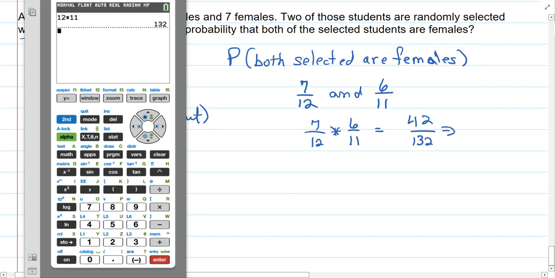And in a decimal percentage rate, we're going to have 42 divided by 132. This is a repeating decimal, so we'll do 3 decimal places. It's about 32% if we were doing a roundabout.